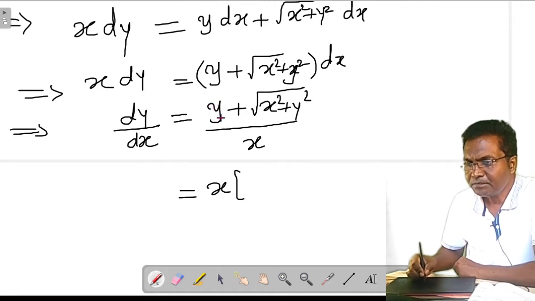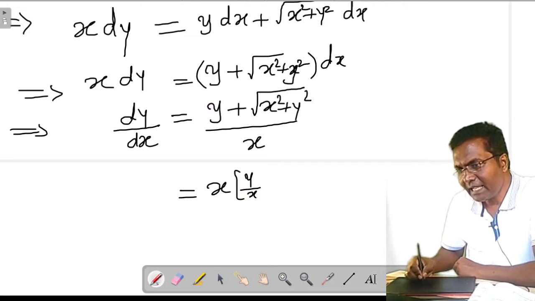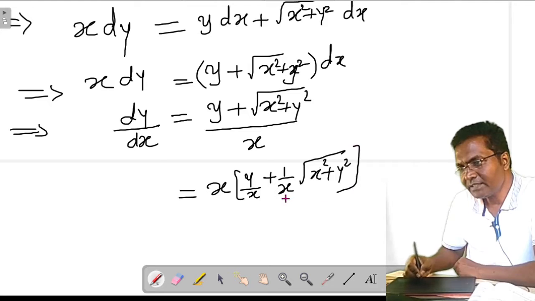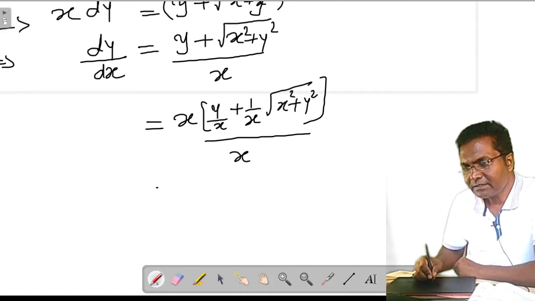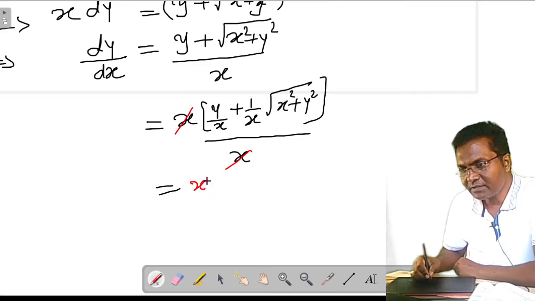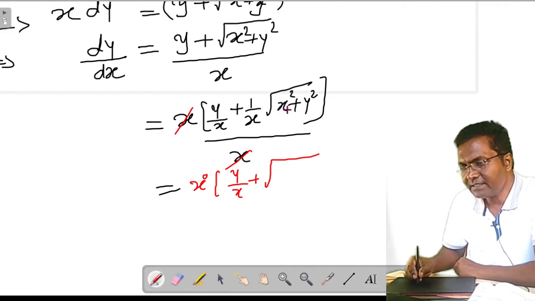Here comes y by x, and I can write it as 1 by x square root of x squared plus y squared divided by x. Okay, now look, x cancels, which means you will get x power 0, y by x plus, now look, if I take this x inside the root, it becomes x squared. So x squared by x squared is 1, and y squared by x squared you will get.